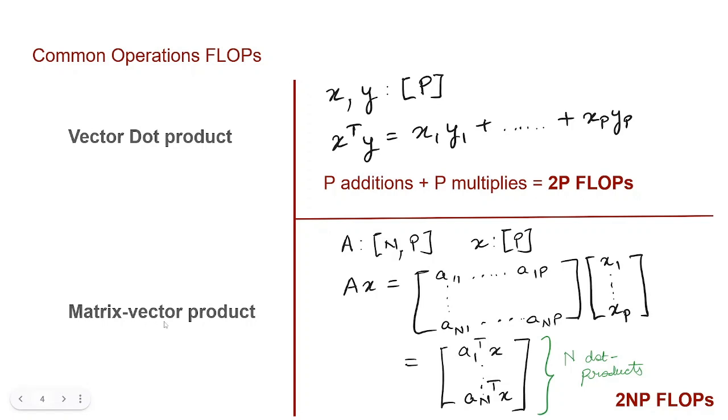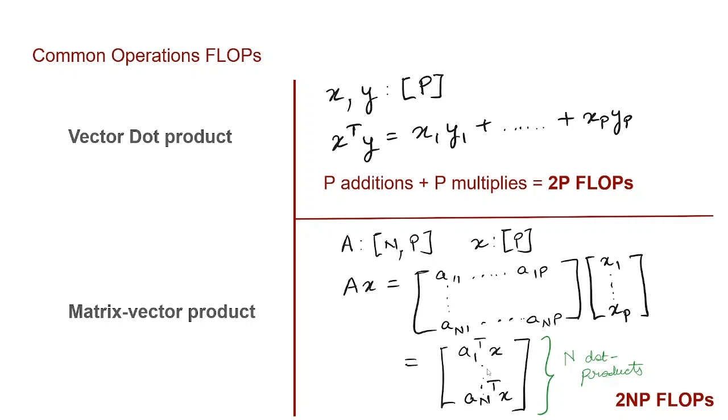If we were doing a matrix vector product, where matrix A is of shape n by p and the vector x is of shape p, the resultant output is an n-dimensional vector where each element is the dot product of a particular row of A with x.